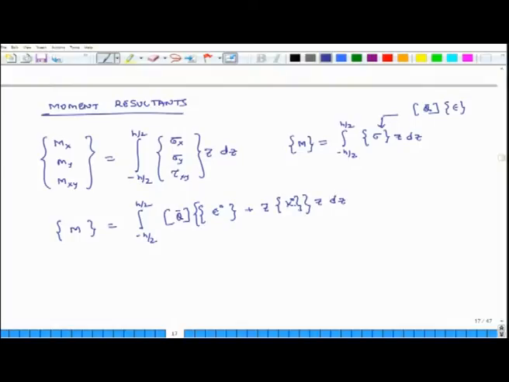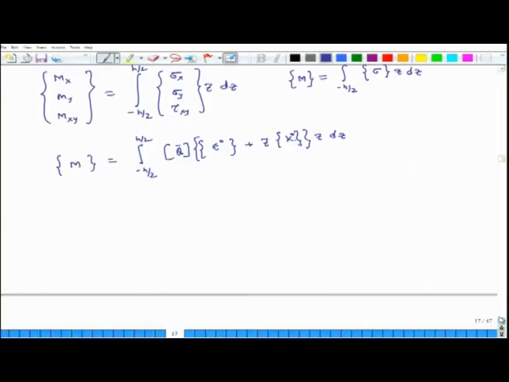Now, using the same logic we explained earlier, within a layer the mid plane strains are constant, the curvatures are constant, and also Q bar is constant. So, I can integrate within a layer, but as I move from one layer to another, I have to add up, because Q bar jumps from one layer to another.